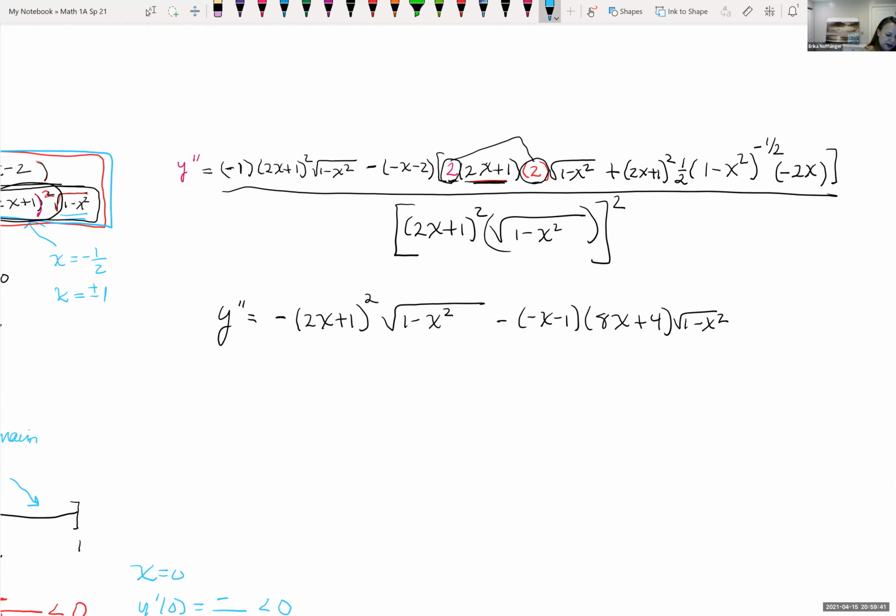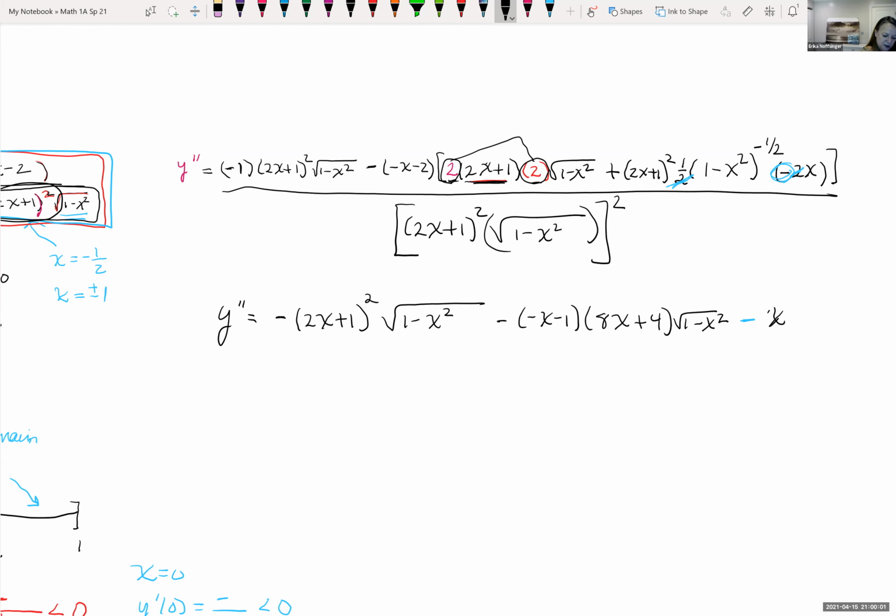Here, this is where our 2's cancel. This is a negative, so minus. And then we're going to bring this down. So we have a minus, we have an x.